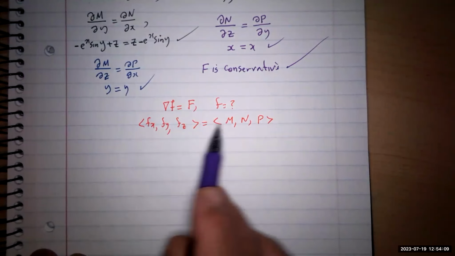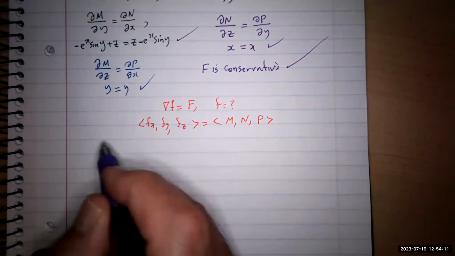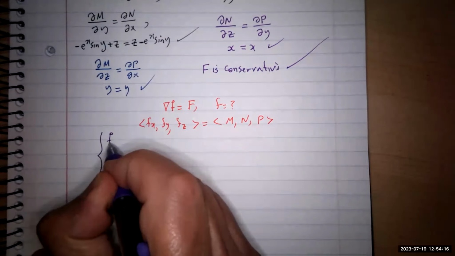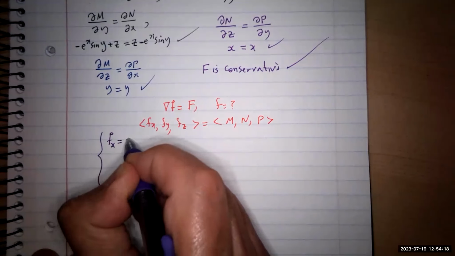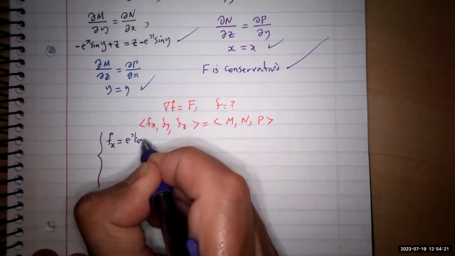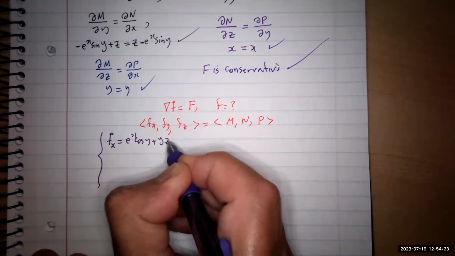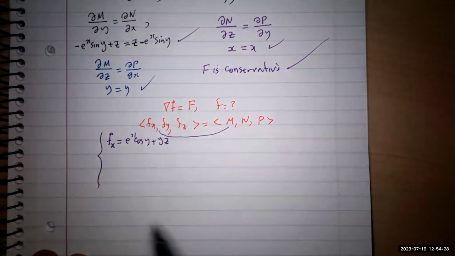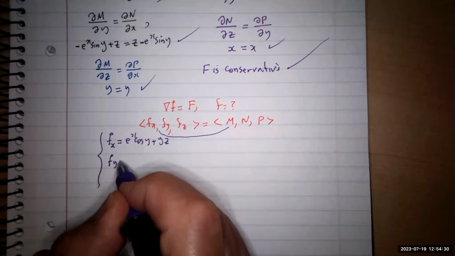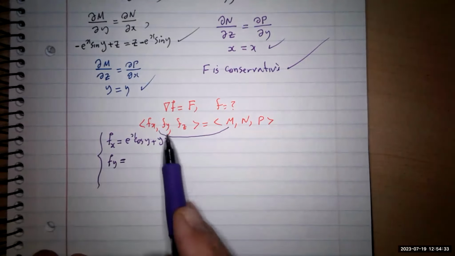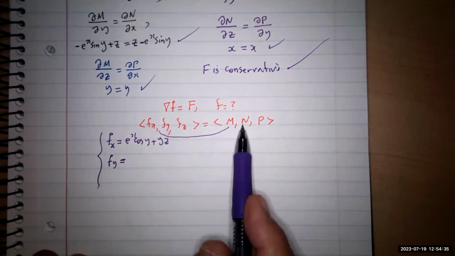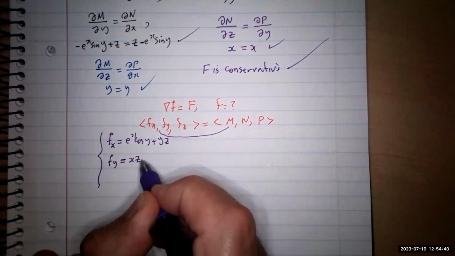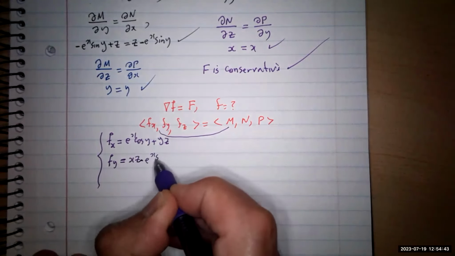So we start with the system: the partial of f with respect to x is equal to M. M is e to the x cosine of y plus yz. Likewise, f sub y is equal to N, and N is xz minus e to the x sine of y.